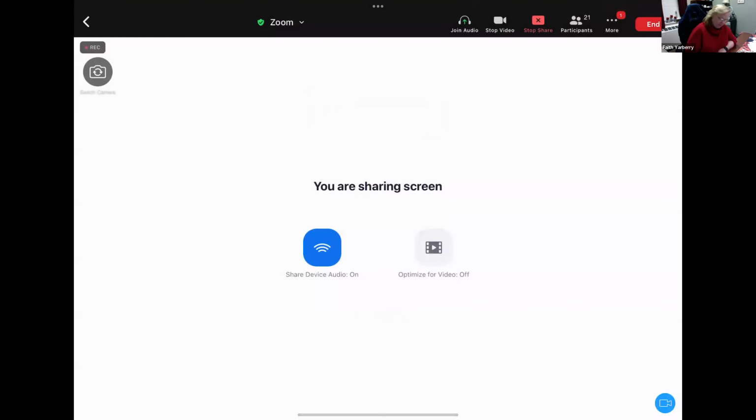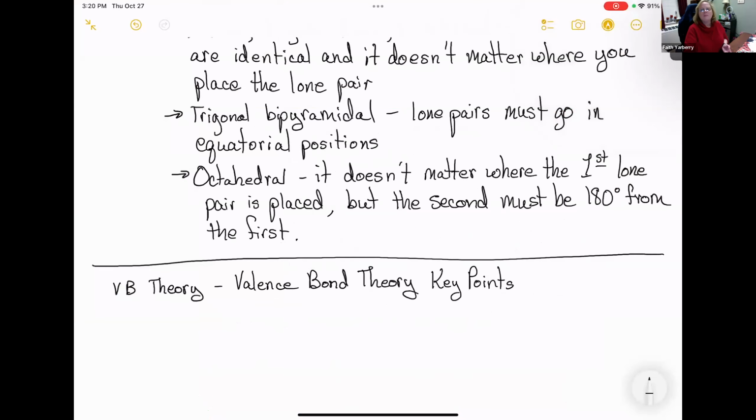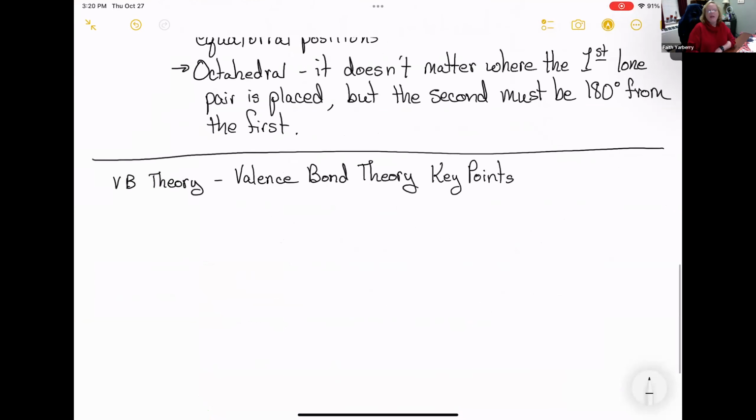Okay, so let's look at the key points here. First of all, let's talk about what valence bond theory describes.